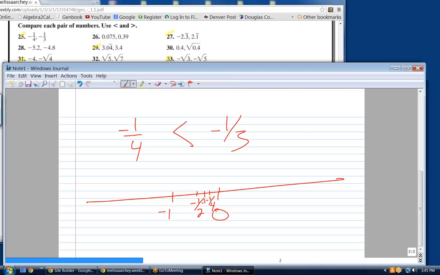Yeah. -1/4 is smaller. Excuse me. You're absolutely right. It's to the right of -1/3. Since it's to the right of -1/3, it's greater than. Right, isn't that what I said? Yes, it is. I made a mistake when I looked at it. Okay.